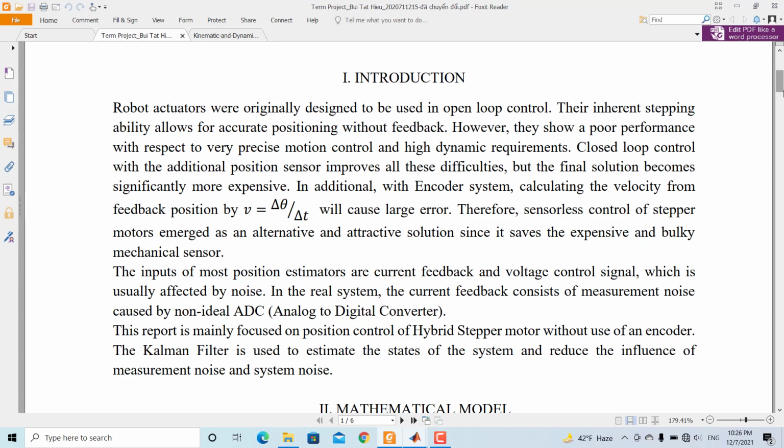In the real system, the current feedback consists of measurement noise caused by the non-ideal ADC, analog to digital converter. This report is mainly focused on position control of a hybrid stepper motor without using an encoder. The Kalman filter is used to estimate the state of the system and reduce the influence of measurement noise and system noise.